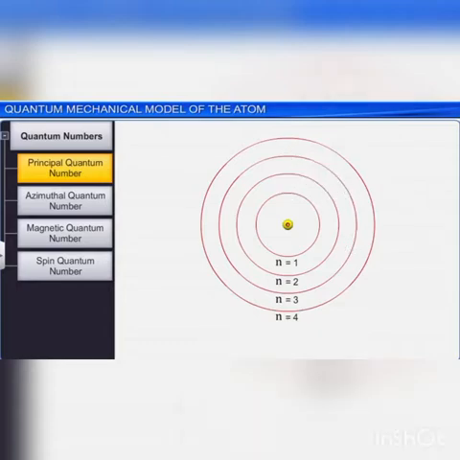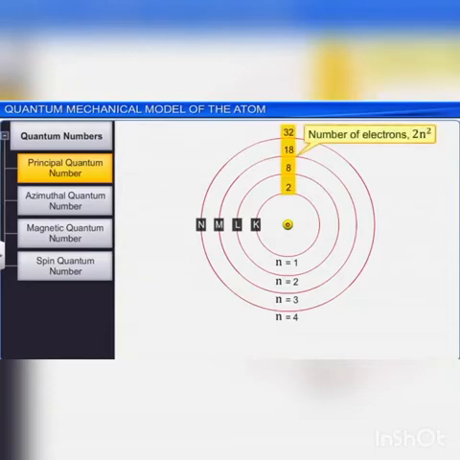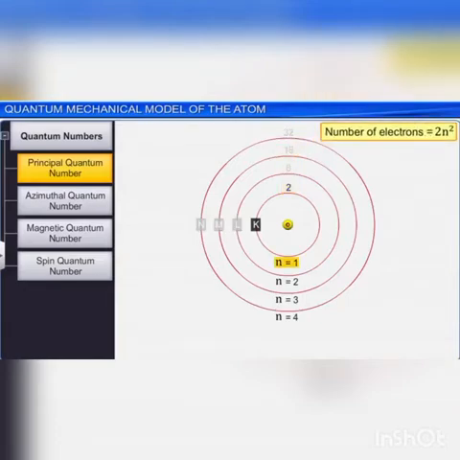Shells are denoted by the capital letters K, L, M, N, and so on for the values of n equal to 1, 2, 3, 4, and so on respectively. The number of electrons in a shell is given by 2n square. Therefore, for n equal to 1, there will be 2 electrons in the K shell, and for n equal to 2, there will be 8 electrons in the L shell.